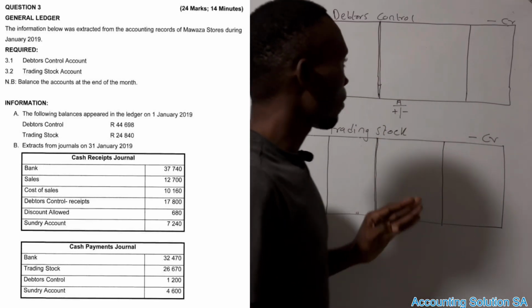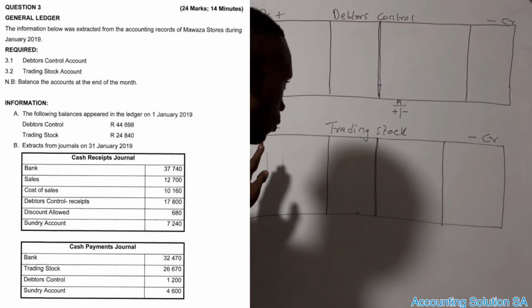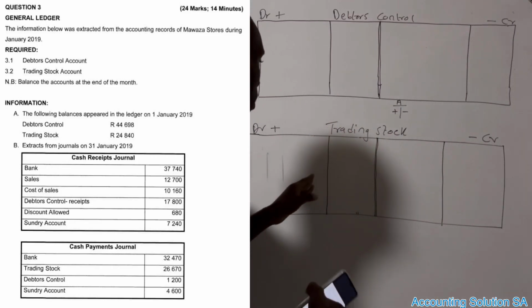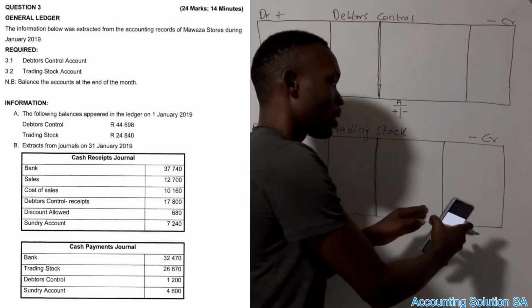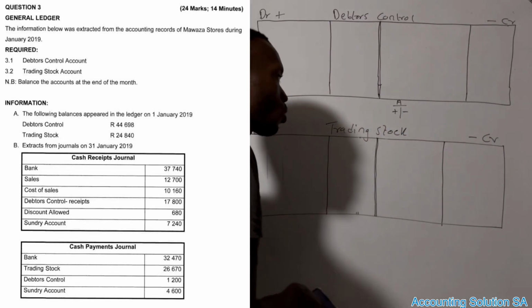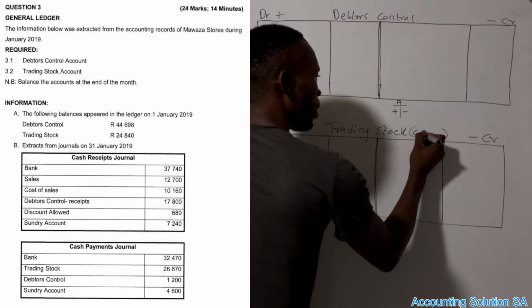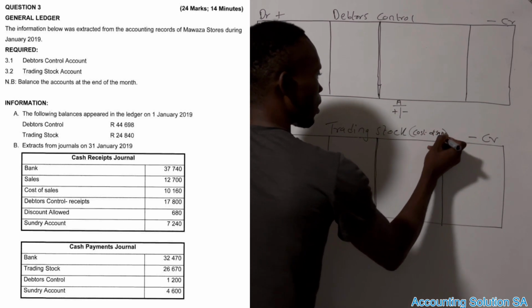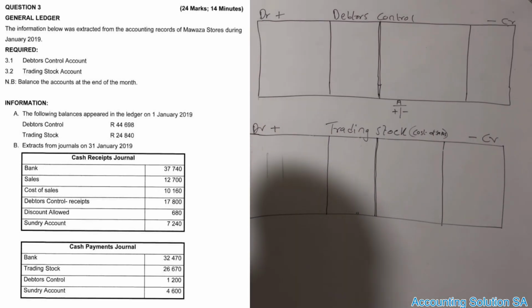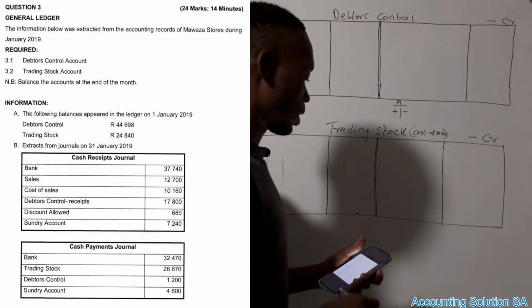Remember, on this side we have to use the selling price. When the stock purchased is increased, it is this side, and when it is sold, this side. And here, guys, on trading stock, I want to emphasize: you must use the cost of sales. Don't use the selling price. Cost of sales, mark my word. You will see it when we get there.